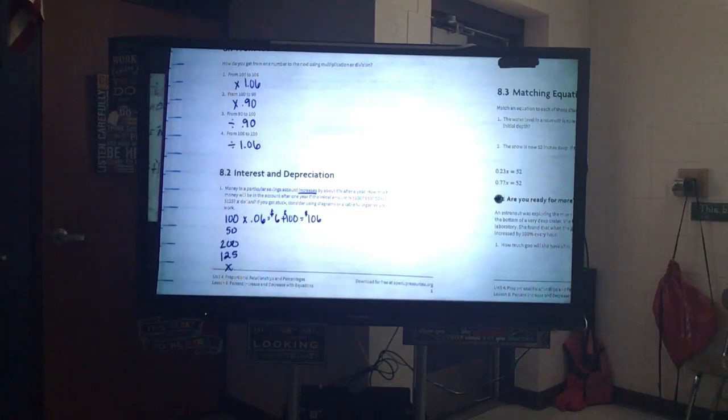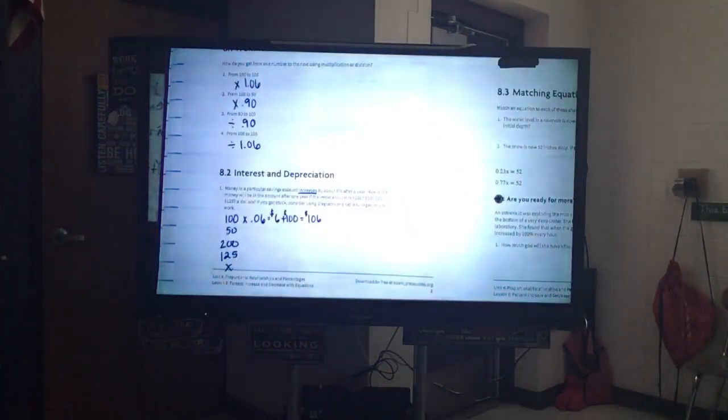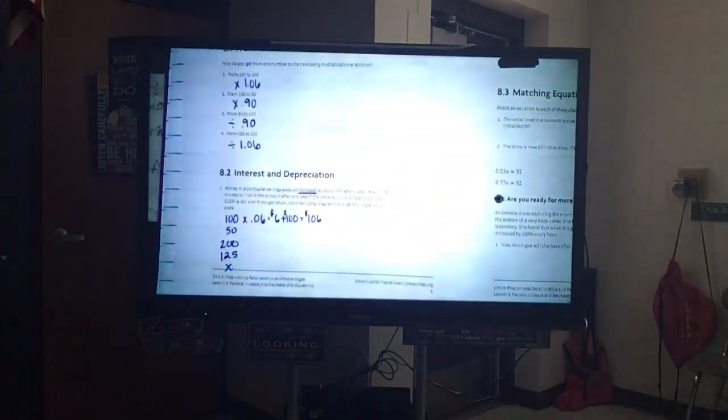Because that's what we've been doing. We've been multiplying them to make 0.06x and then plus the same number, the x. Yeah, same thing I did.